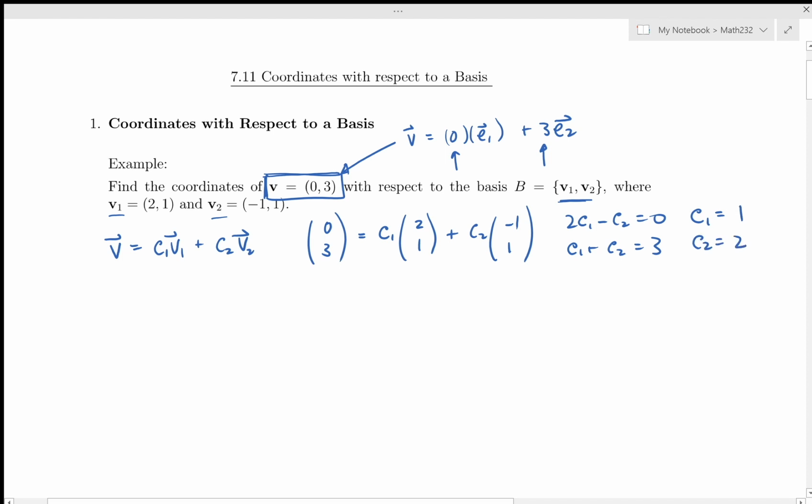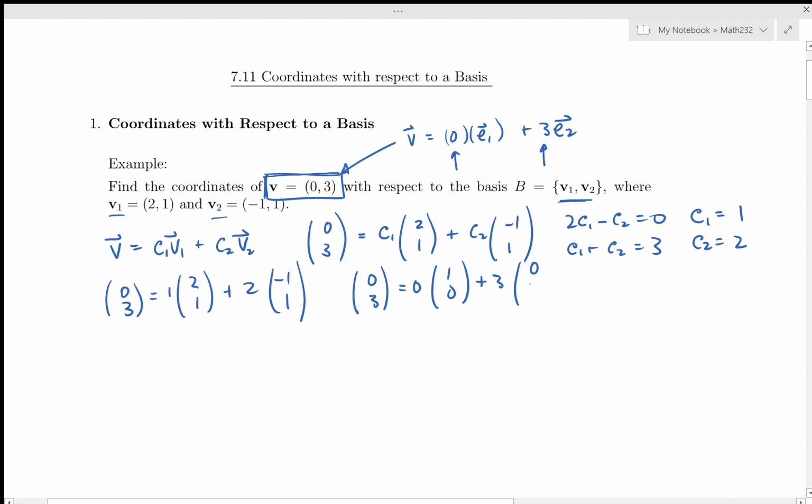So I can write 0, 3 as 1 times 2, 1 plus 2 times minus 1, 1. Or I could write it this way: 0, 3 is equal to 0 times 1, 0 plus 3 times 0, 1.